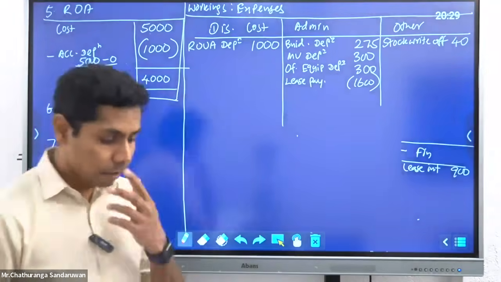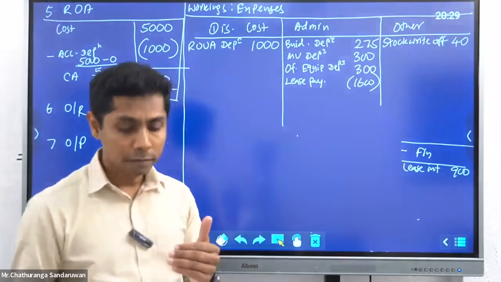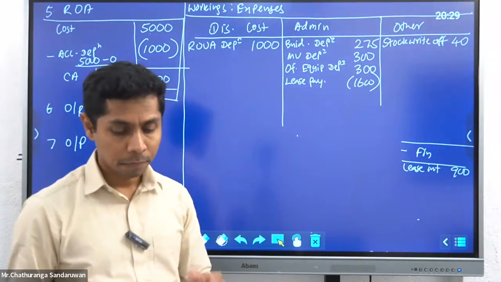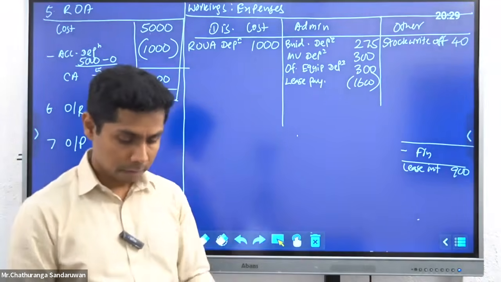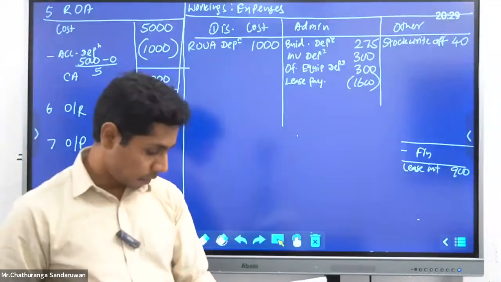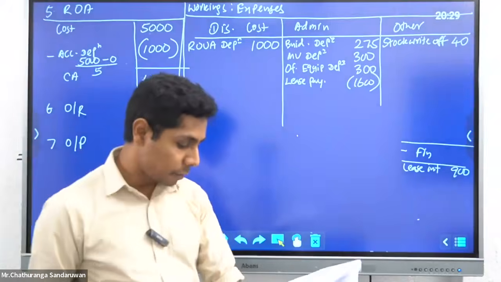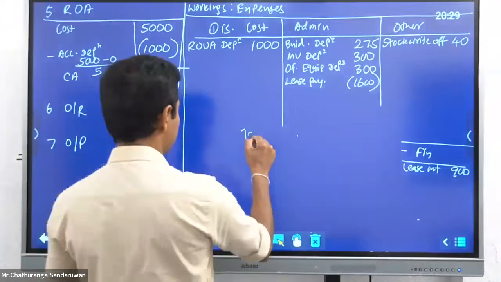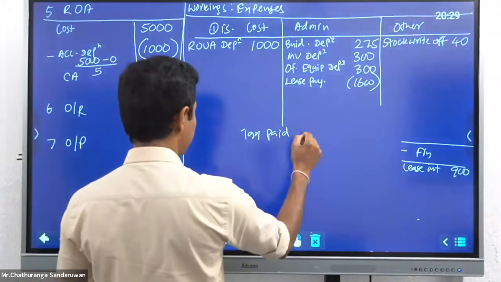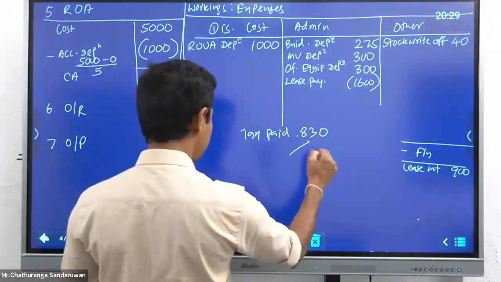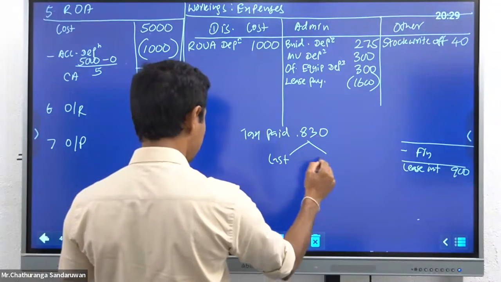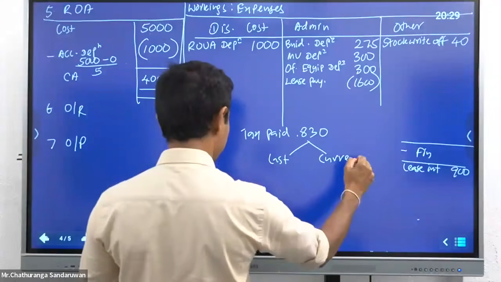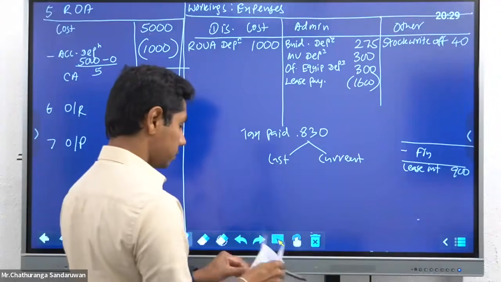The fourth adjustment, the income tax paid during the year includes 280 relating to the previous year. So we will take it. If you look at the trial balance, income tax payment is 830. Tax paid is 830. They say this includes the payment for the last year and current year.